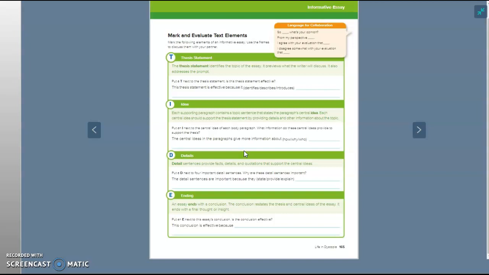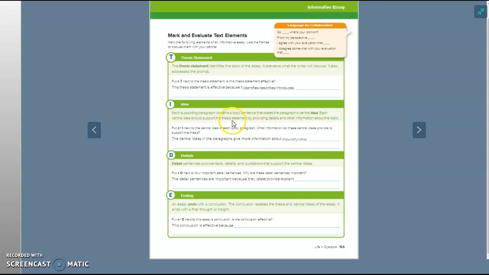Is this thesis statement effective? This thesis statement is effective because it identifies, describes, or introduces blank. So you're going to go back to the page before this and put a T in your book next to the thesis statement.